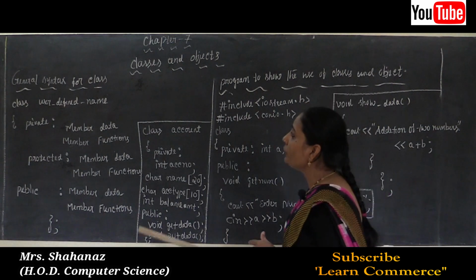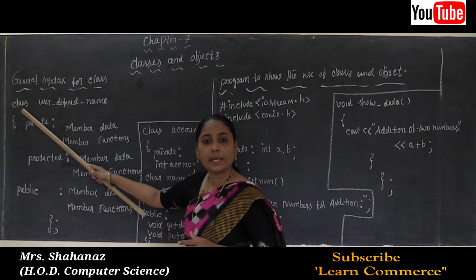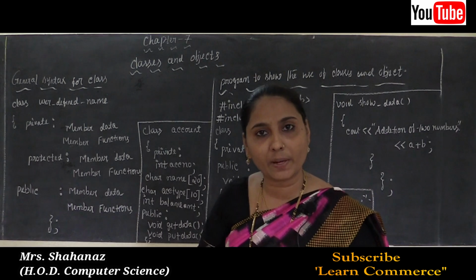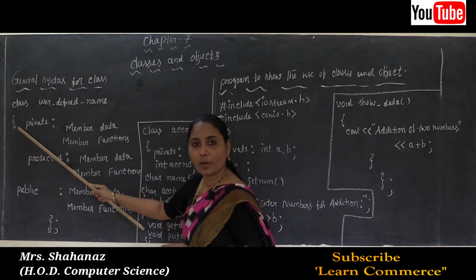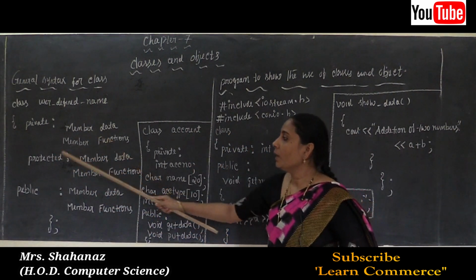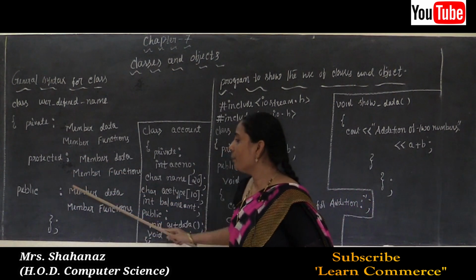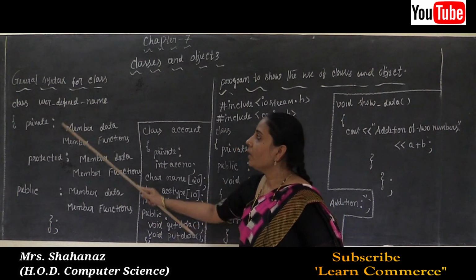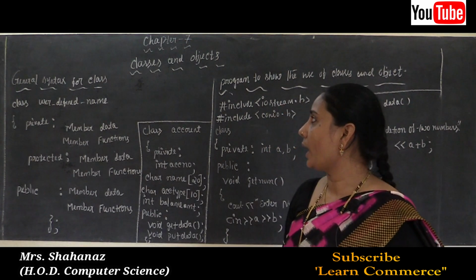Class is a very powerful keyword in C++. The syntax is: class, user defined name, opening flower bracket, private: member data, member functions; protected: member data, member functions; public: member data, member functions; closing flower bracket, semicolon. This is our general syntax for a class.